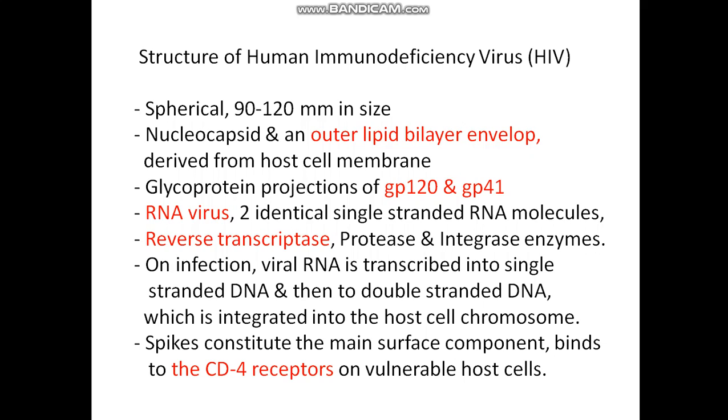What happens on infection? The viral RNA is transcribed into single-stranded DNA and then into double-stranded DNA, which is integrated into the host cell chromosome. These spikes constitute the main surface component and bind to the CD4 receptor of the host cell.